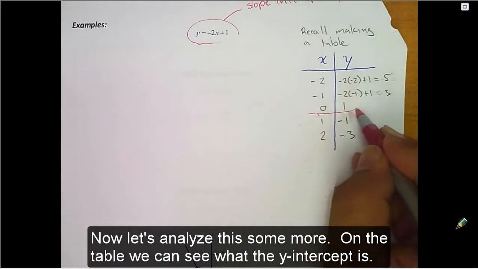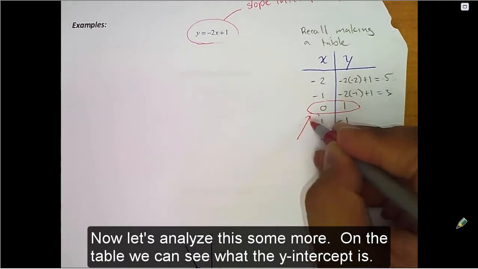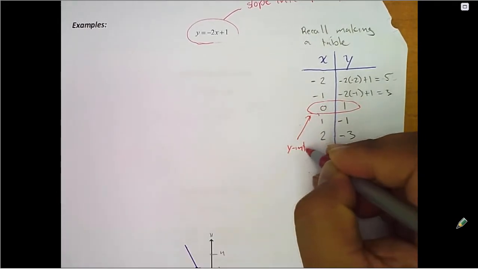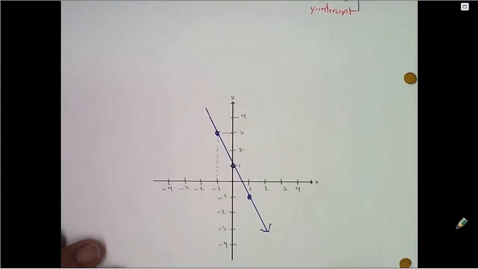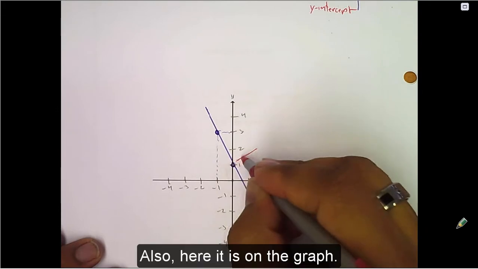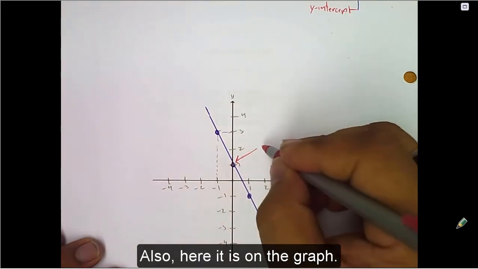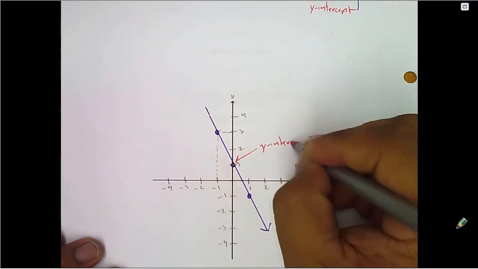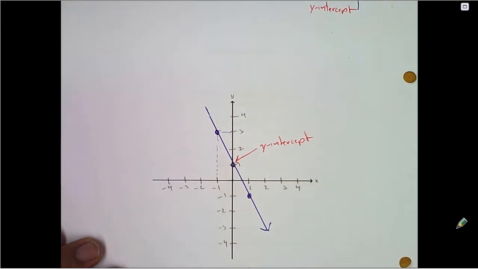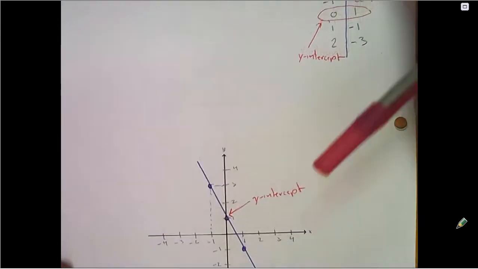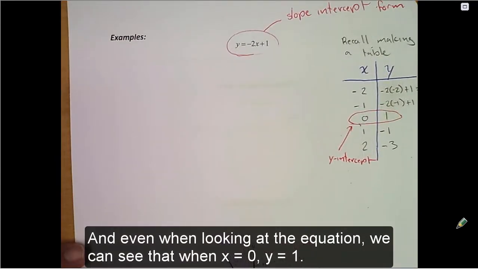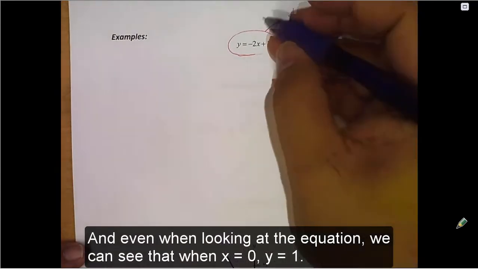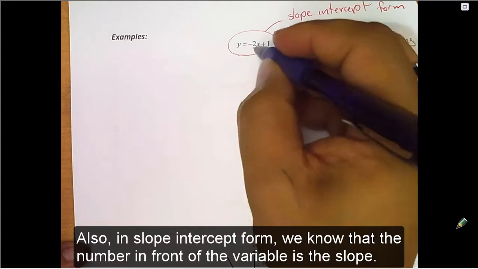Now let's analyze this some more. On the table we can see what the y-intercept is. Also, here it is on the graph. And even when looking at the equation, we can see that when x equals 0, y equals 1.